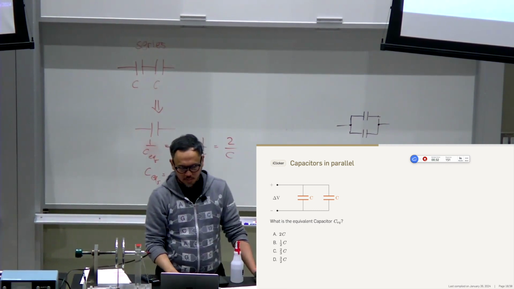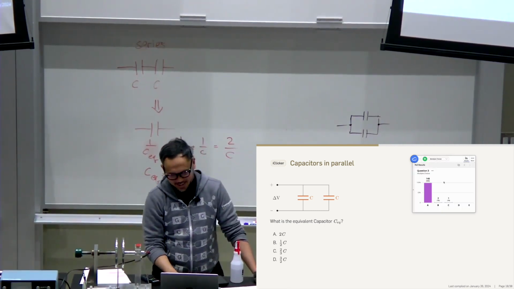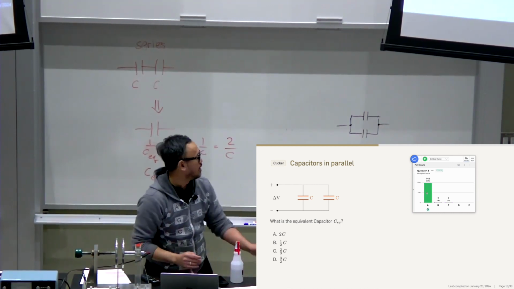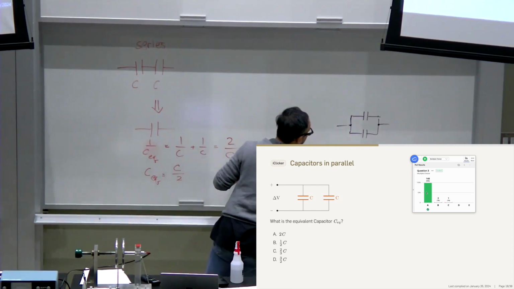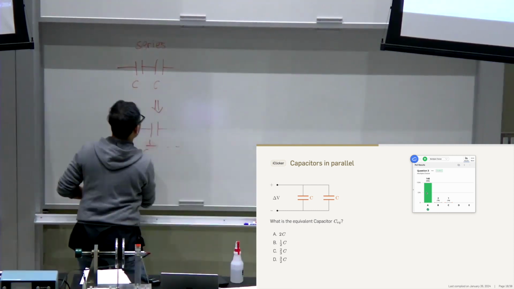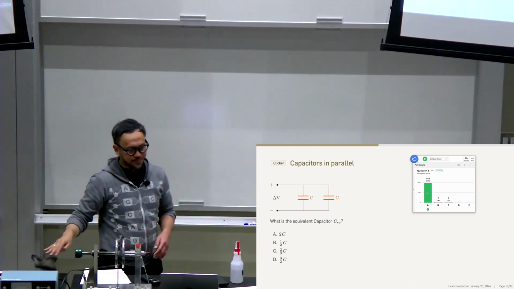So 3 more seconds. Good. Basically, all of you got it right. So you just sum the capacitances of the two capacitors. So the answer is 2C, right?